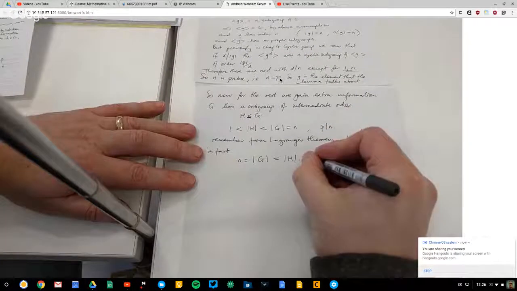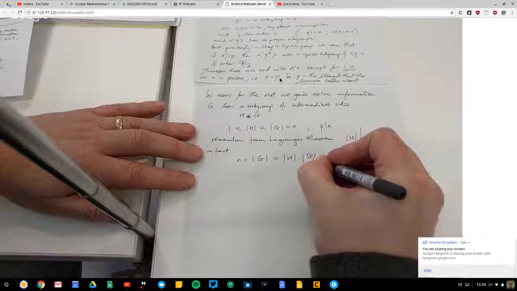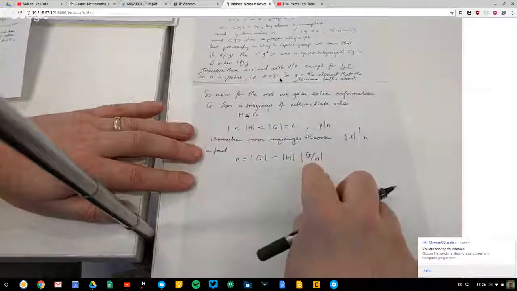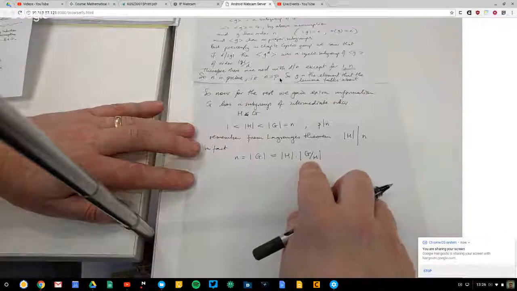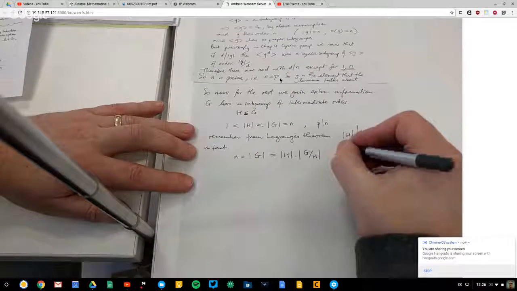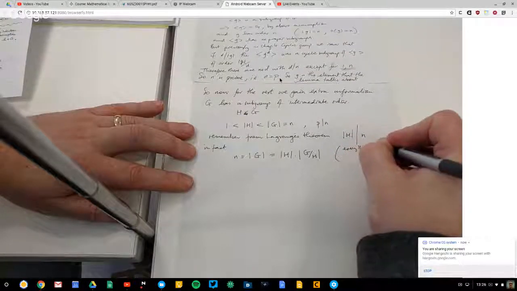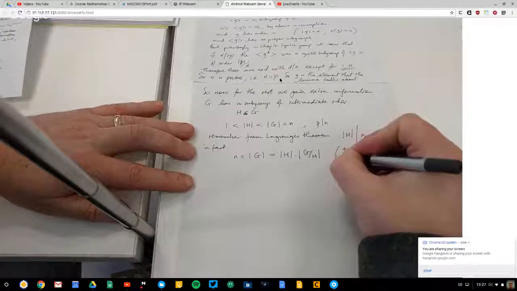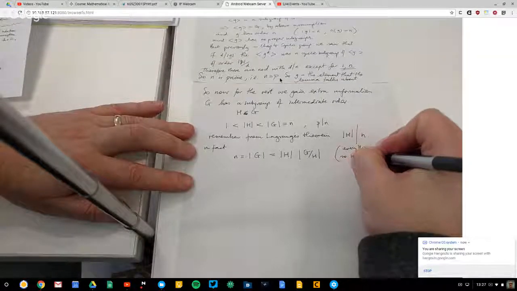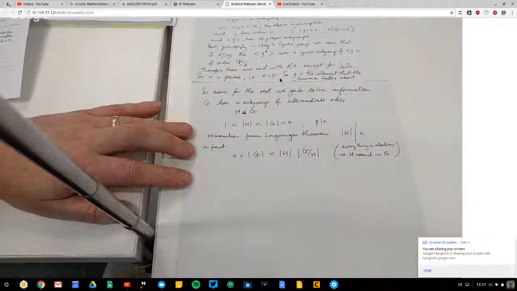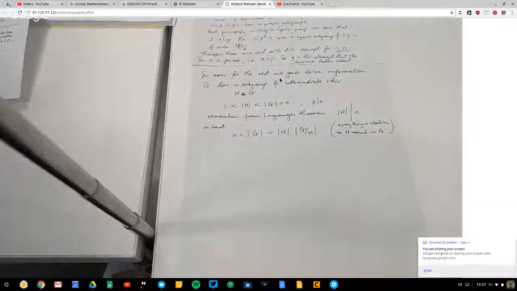But that's something we know, as it's the size of the factor group G mod H, because this consists of all the cosets of H in G. Remember, just to bracket, because we're only talking about abelian groups here, H is normal in G. And P is dividing n.